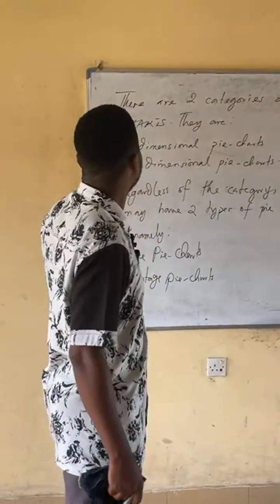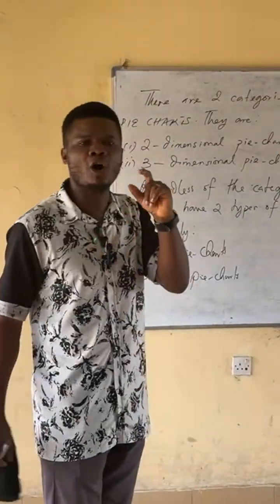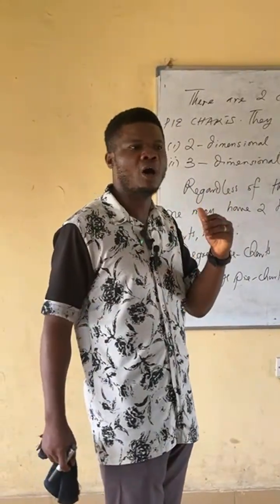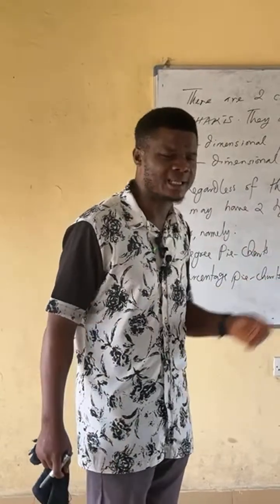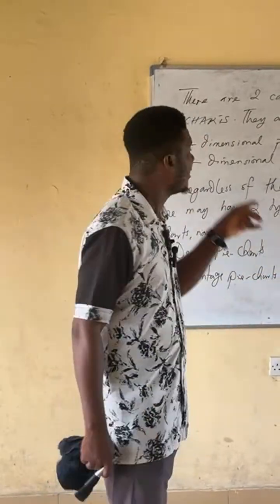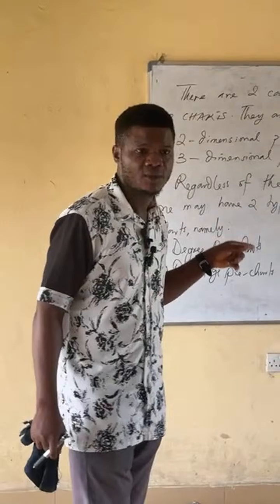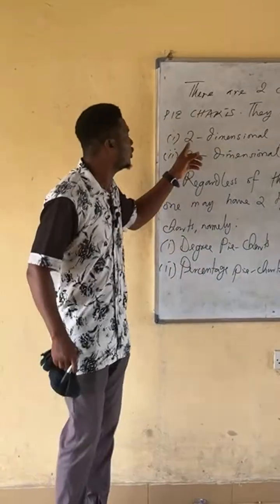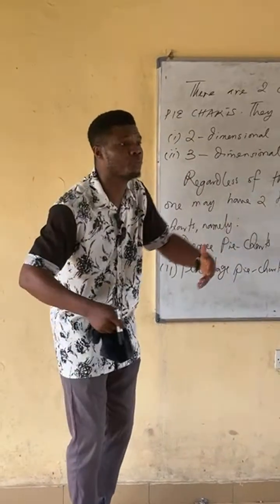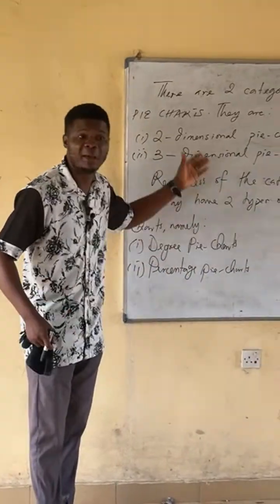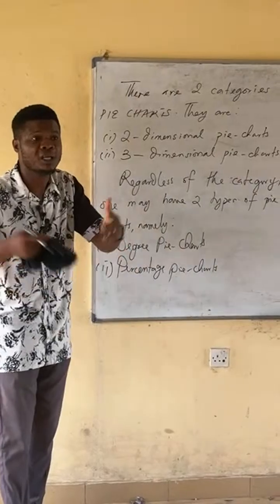Now, if you go to your Microsoft Excel, or any other statistical software that I know of, like Minitab and the likes, even SPSS, if you go to pie charts, you are likely to see two categories of pie charts. Pie charts could be 2D, 2-dimensional. Pie charts could be what? 3-dimensional.